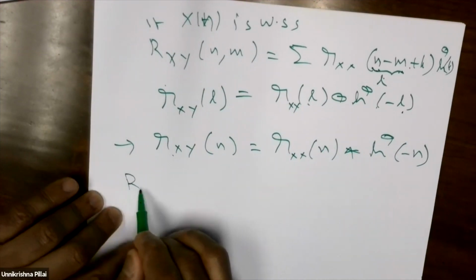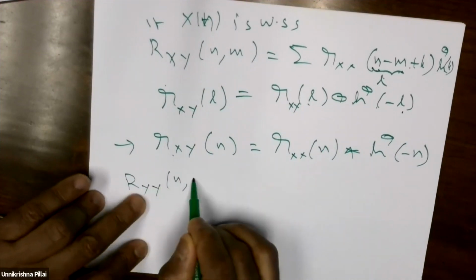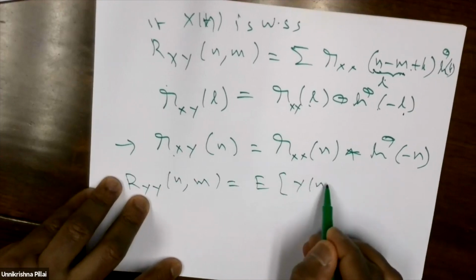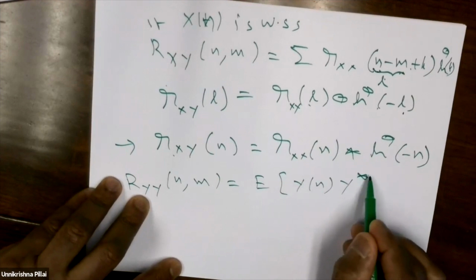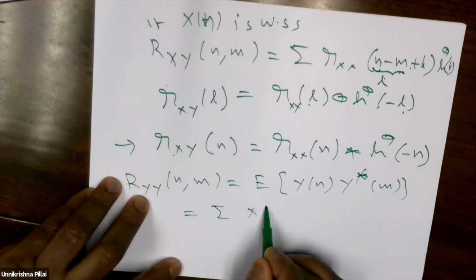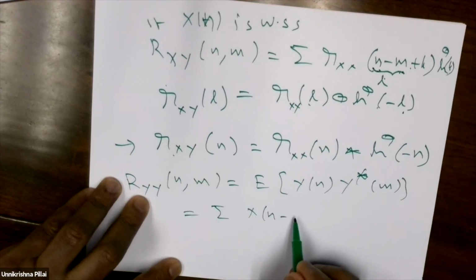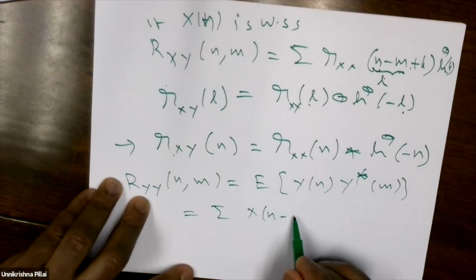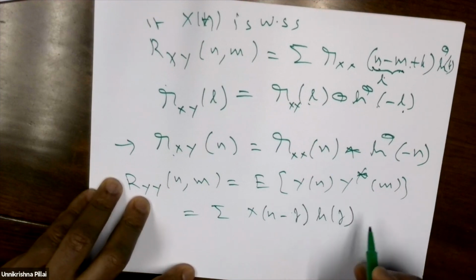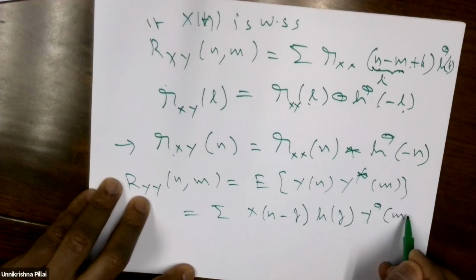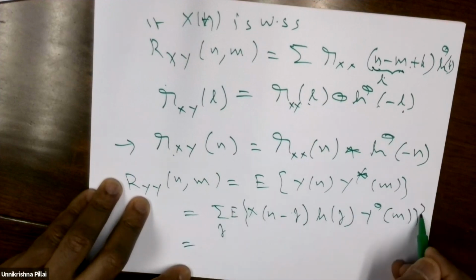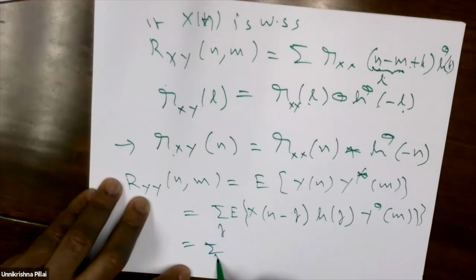Finally, Ryy n comma m is the expected value of y n y star m. But for y n, I am going to substitute x n minus, let's say, j. Then you have the expected value, so this is a summation over j.